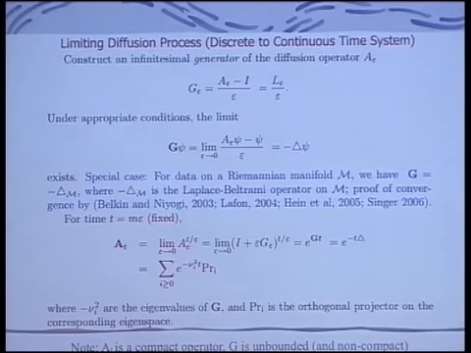It doesn't make a difference when you're doing regression, but when you want to ask questions like what's the dimension of the embedding, or how should you find the number of clusters, or how do you do quantization, then the generator will not tell you that, but the heat operator will.